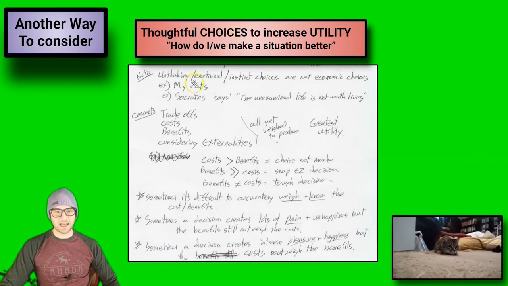For example, my cats are not engaging in this theory of economics. They eat because they are hungry. They are literally conditioned. They are instinctual. They are emotional. Everything about my cat, they do not self-reflect on their life. They do not think things through. And because they are not thinking things through, they are not thoughtfully making choices. As the great Greek philosopher Socrates once said, "The unexamined life is not worth living."